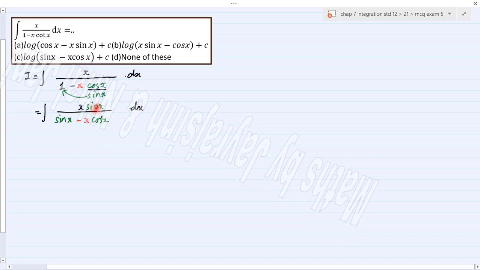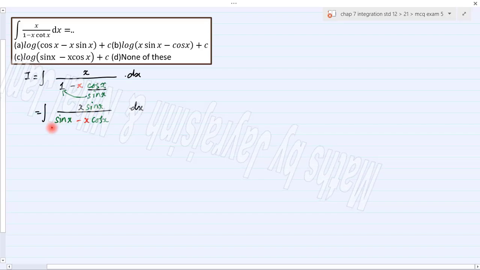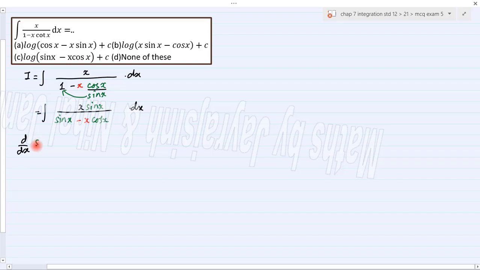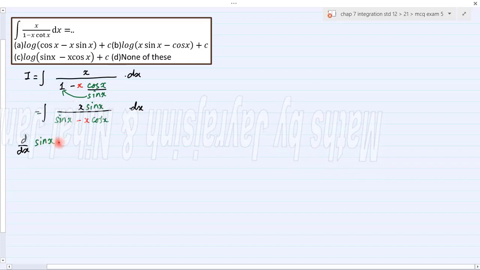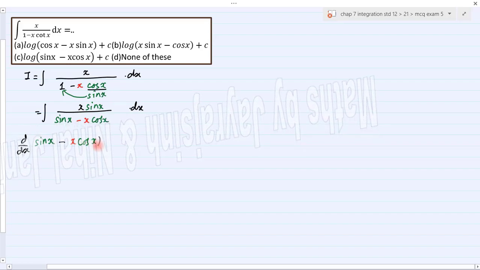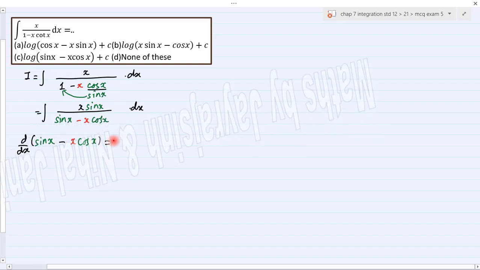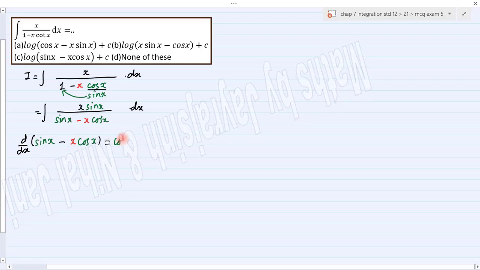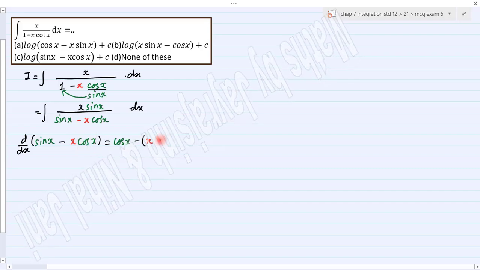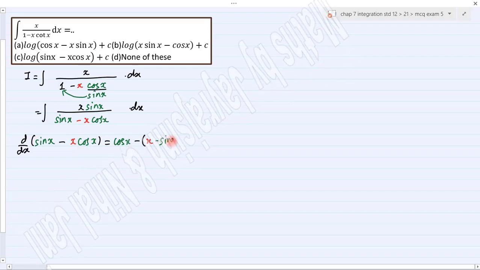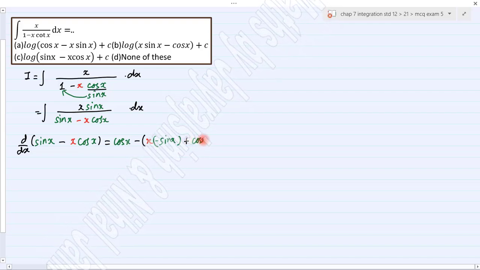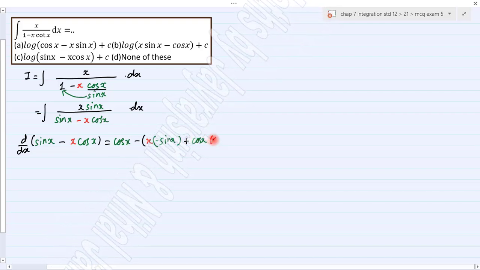Actually, your numerator is differentiation of denominator. Let me show you how. By taking differentiation of your denominator, which is sin x minus x cos x: the differentiation of sin x is cos x, minus x as it is, differentiation of cos x will be minus sin x, plus cos x as it is, differentiation of x will be 1.